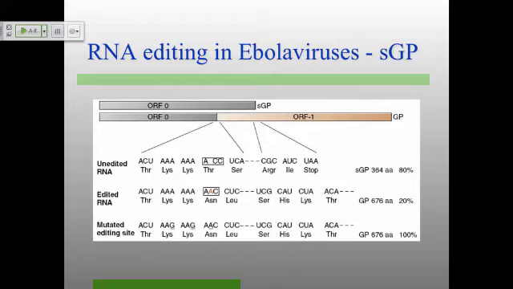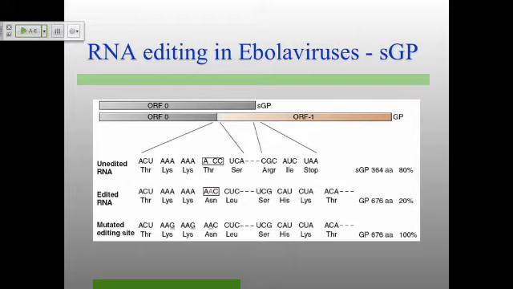In all of these filoviruses, so not just Ebola, but also Marburg, you have stuttering that happens, which leads to most of your glycoprotein being secreted, so not bound to the external membrane of your virion, but a small amount actually then present in the virion. So that's the big difference that we have here. Again, it's still a change that happens in the C-terminus of the protein.